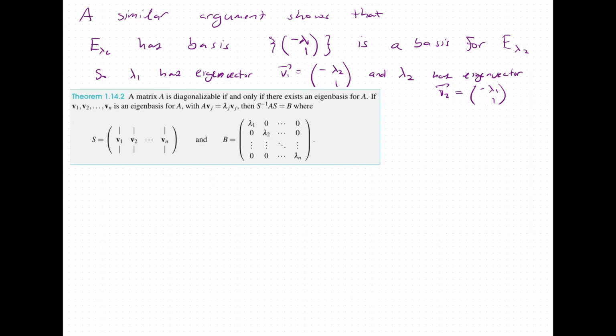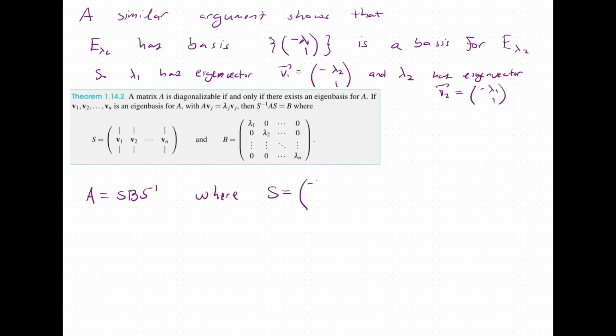And so the theorem tells us that A is equal to S B S inverse, where S is going to be the 2 by 2 matrix, where we put one column to be v1, the second column to be v2.